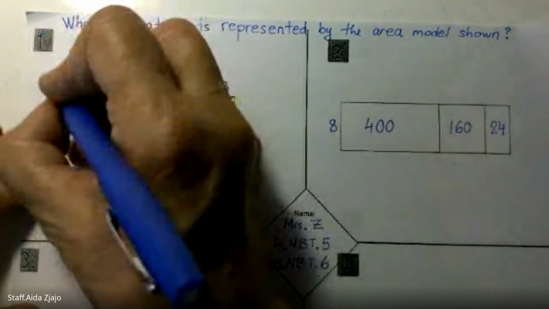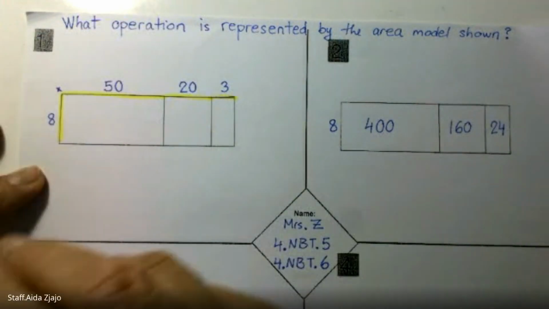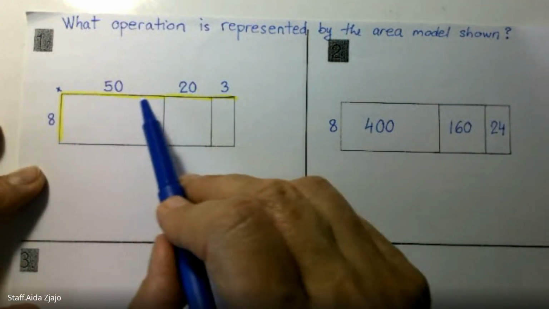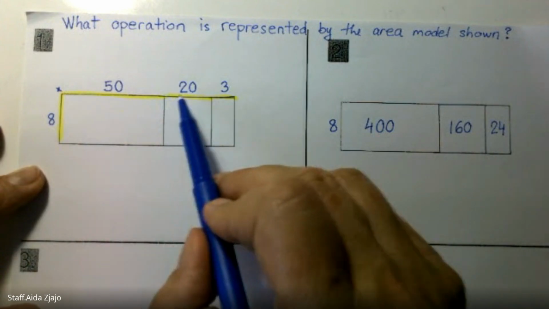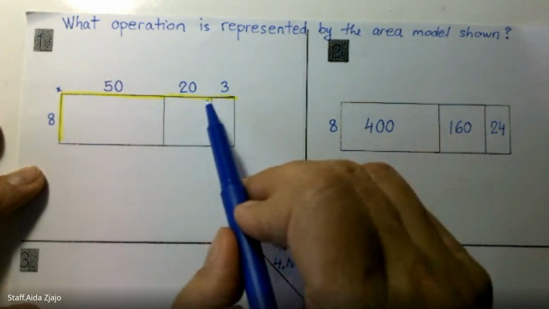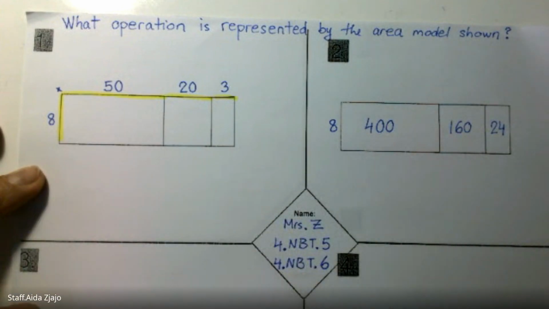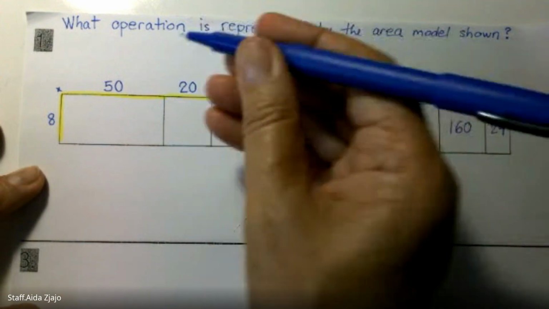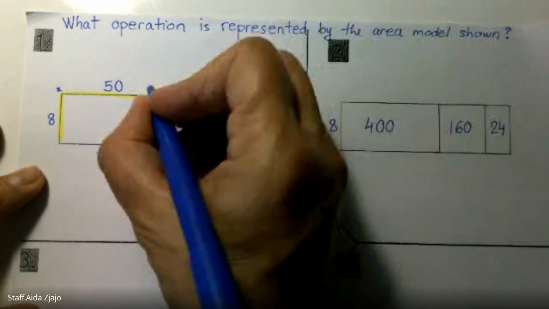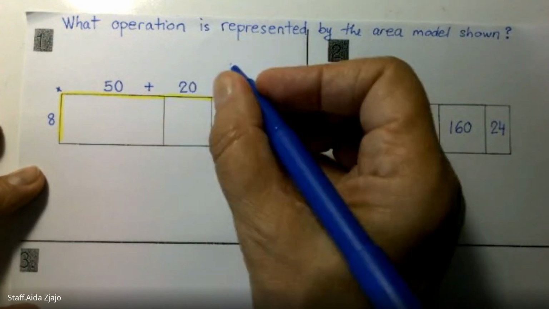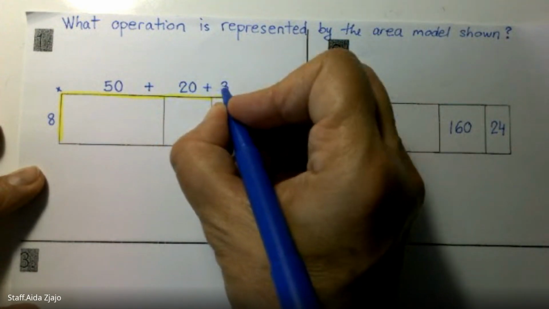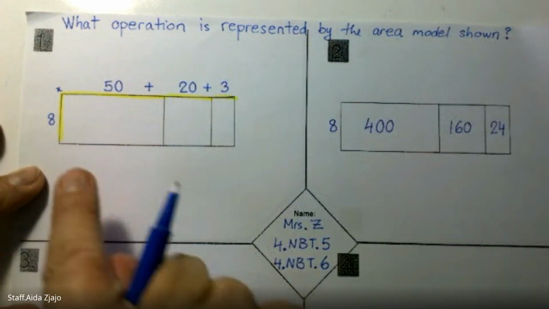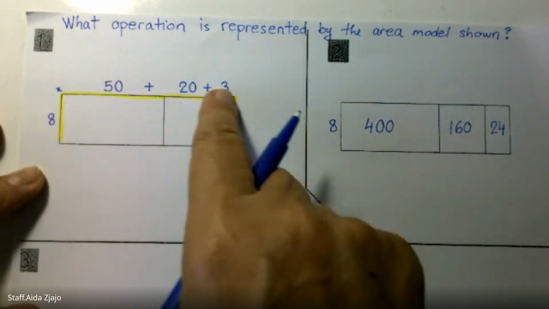If you put a little x right here, you can see 8 times 50, then 8 times 20, then 8 times 3 will give you this multiplication problem. When you look in between these numbers, you can see that 50 plus 20 plus 3 would represent 8 times what this number is.